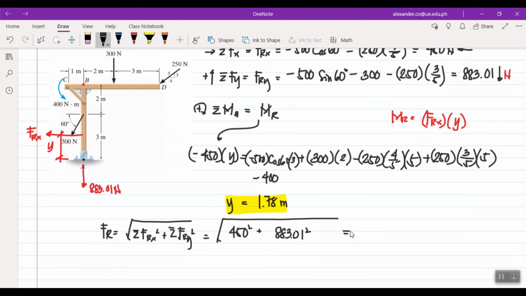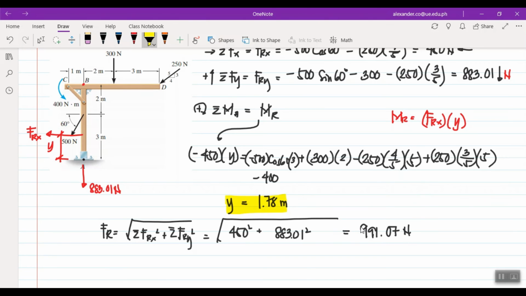So, hindi pa tayo tapos. Mababa pa pala to. So, 450 squared plus 883.01 squared. And the answer is 991.07 Newton. Ito yung final answer.